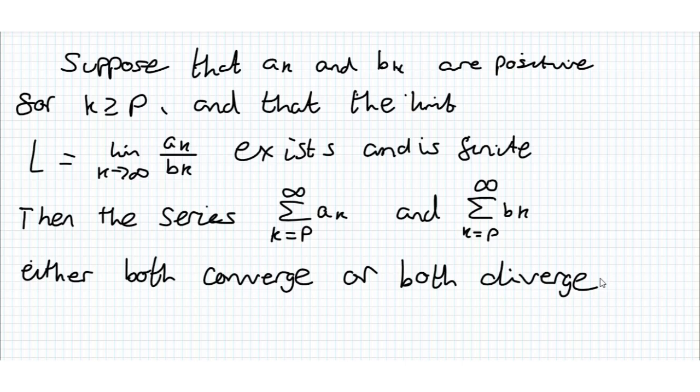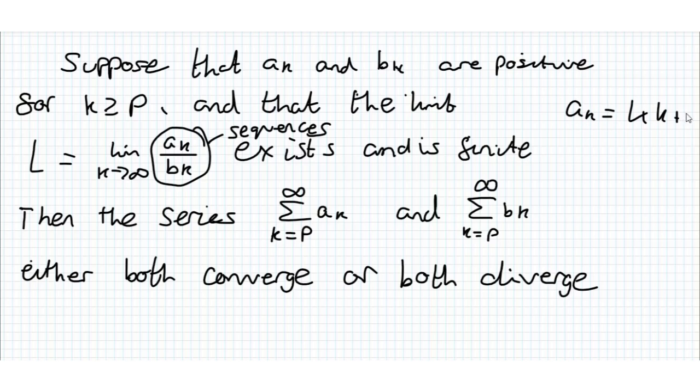So what we're considering with this limit is the limit of the quotient of the sequences. Remember ak and bk are sequences, so ak might be defined by 4k plus 2. That's just an example.